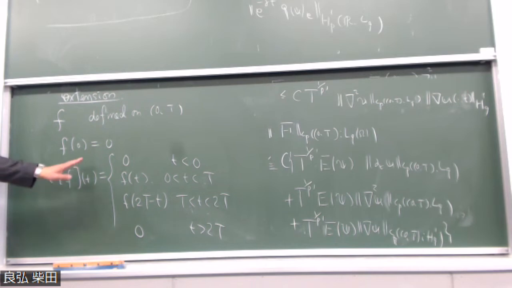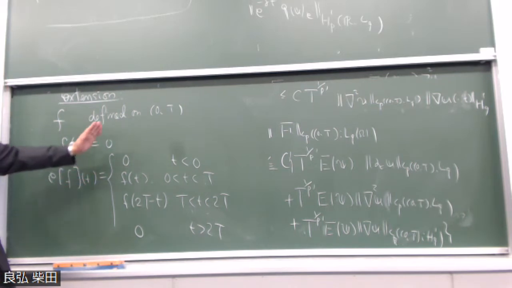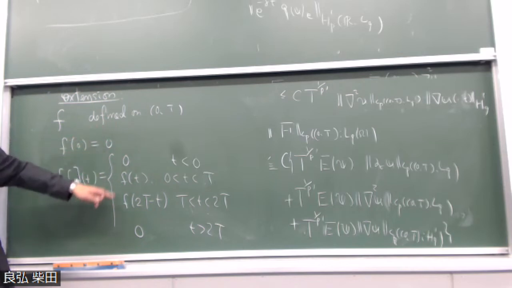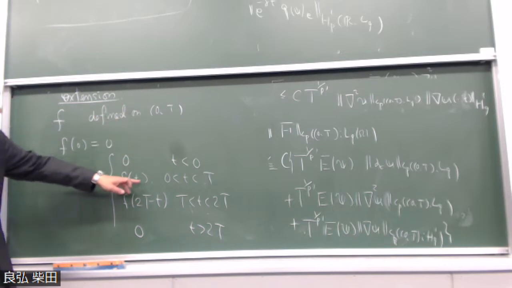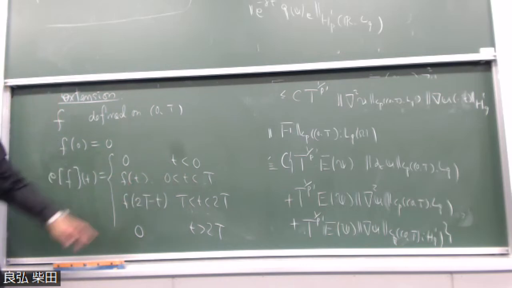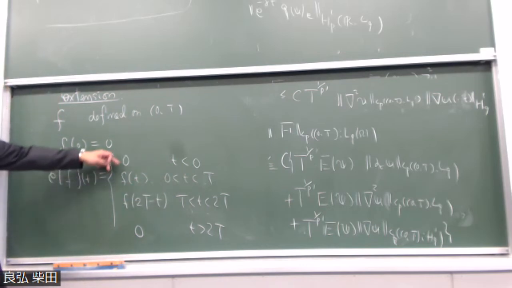This is a kind of standard extension. When f vanishes at t equals 0, the extension of f is defined in this way. So for t negative, it is 0, the zero extension, and then f of t when t is in this interval. Then at t equals 0 it is differentiable because of this condition.